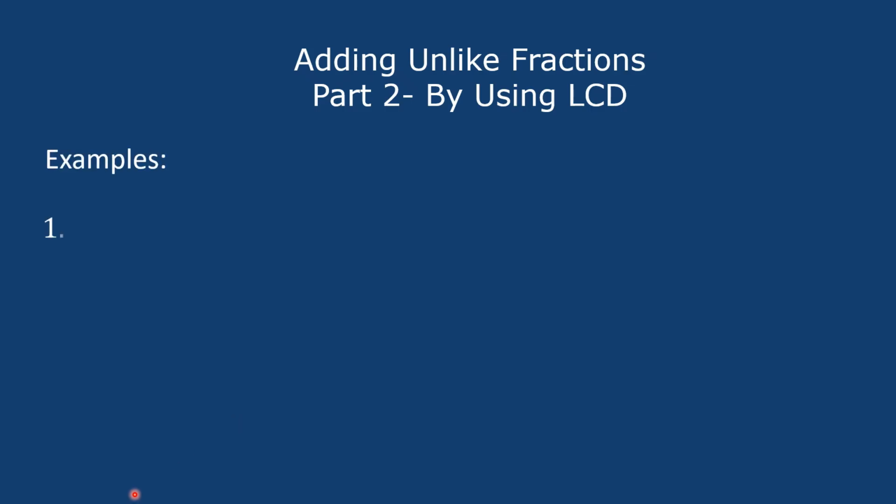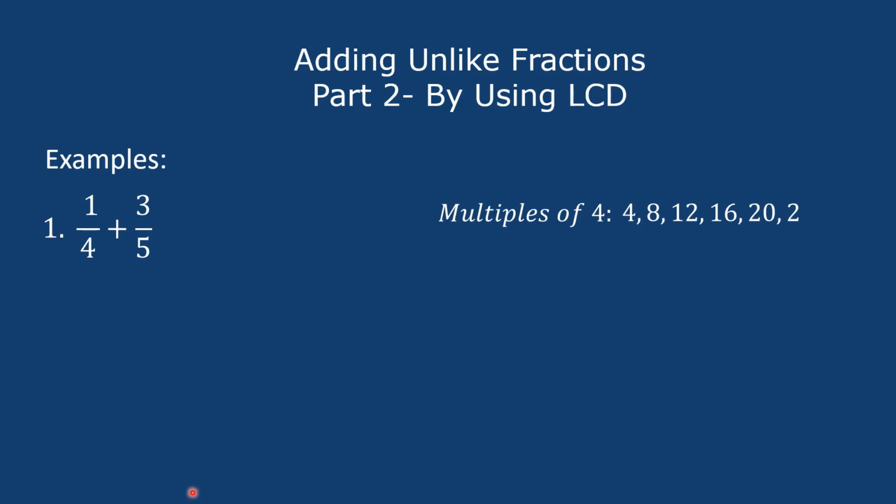Examples. Example number 1. 1 over 4 plus 3 over 5. First, find some of the multiples of 4. Some of the multiples of 4 are 4, 8, 12, 16, 20, 24, and 28.